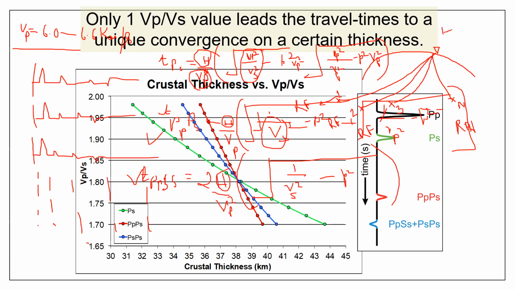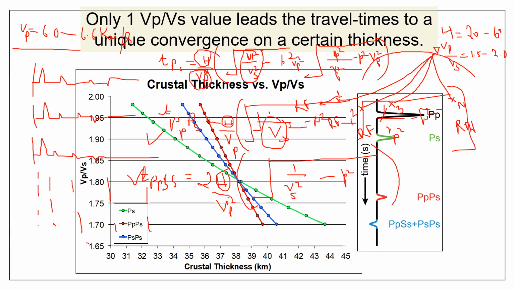Let's suppose you are varying H from about 20 to 60 kilometers, and likewise you are varying Vp by Vs from 1.5 to 2. Vp by Vs does not have any unit, it is dimensionless.